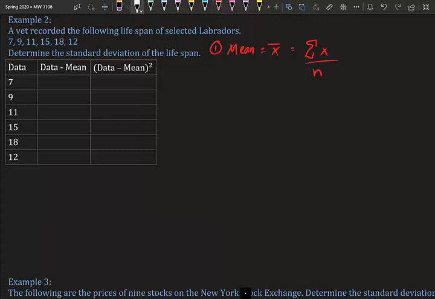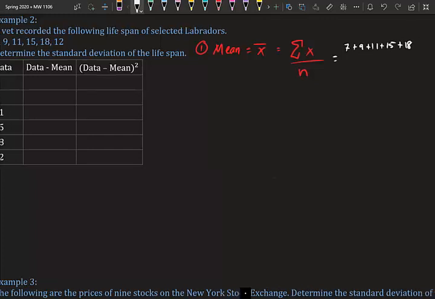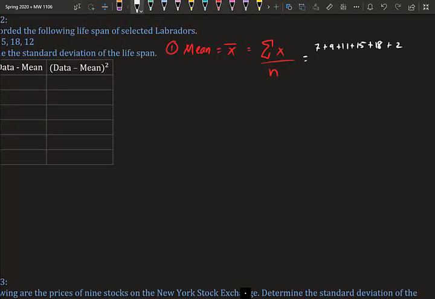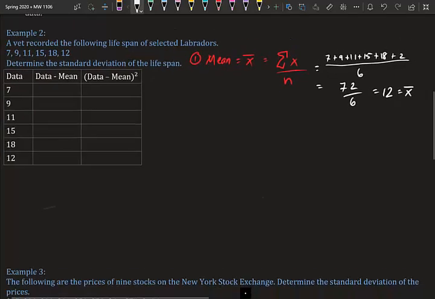All that means is we add up all our numbers, so 7 plus 9 plus 11 plus 15 plus 18 plus 12, and then we divide it by how many numbers we have. We have 6 numbers. So we simplify to get 72 over 6, which is 12. So that is the mean, which is bar x.